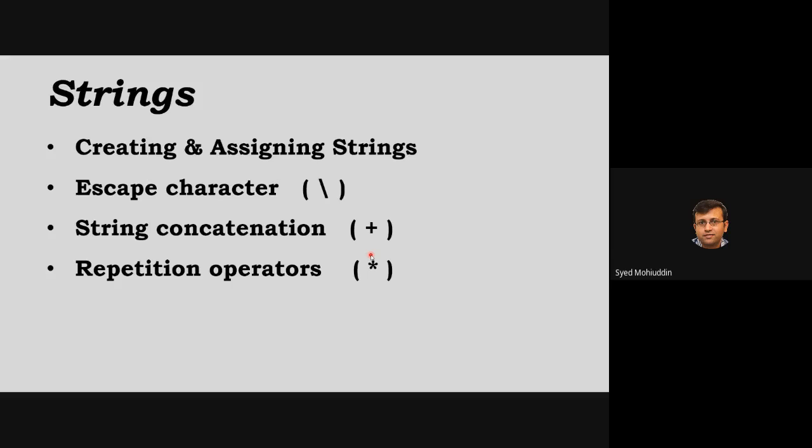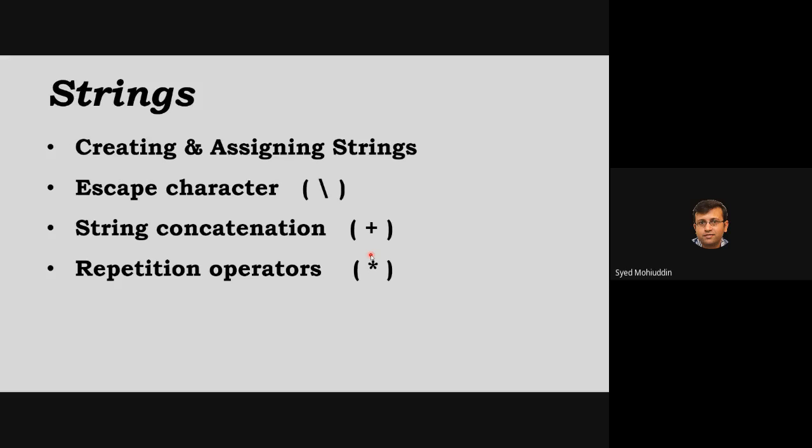Now I cannot have 3.5, a floating point number. That doesn't make any sense for a repetition operation. As well, I cannot have both the operands as strings. So I cannot have MJCT as one string multiplied by CSE as another string. That is not possible. That will give us an error.